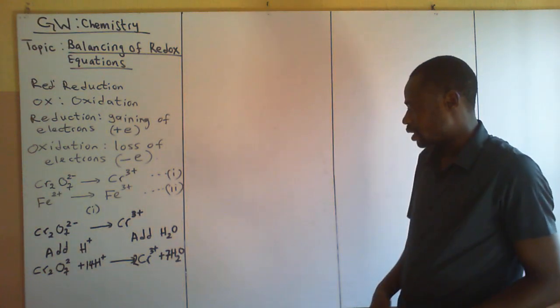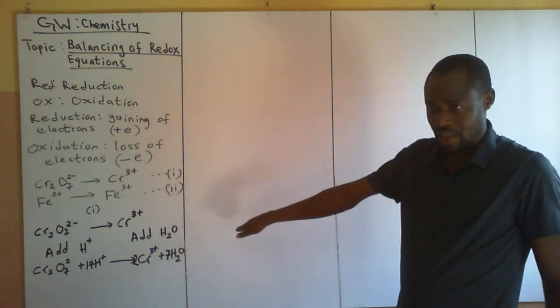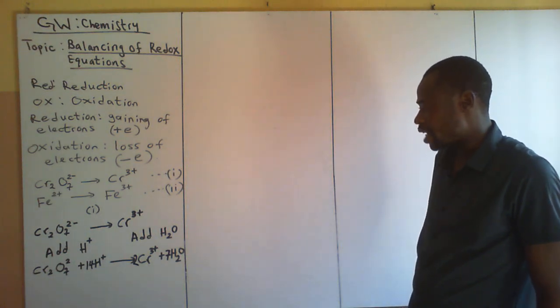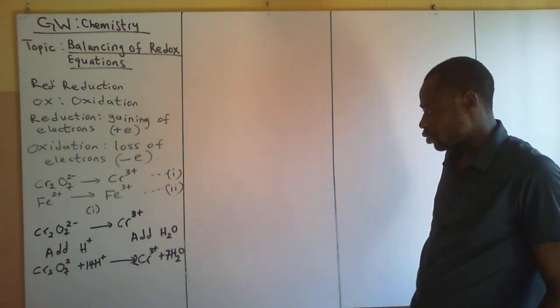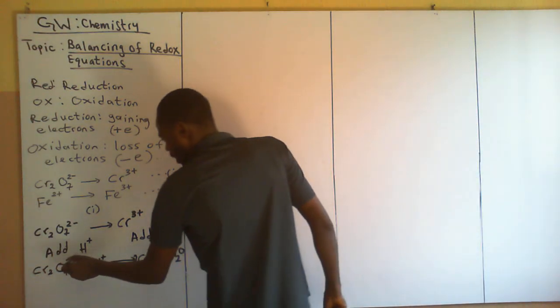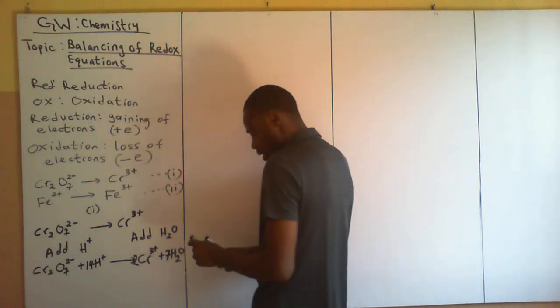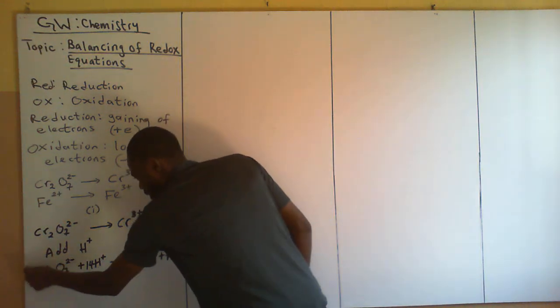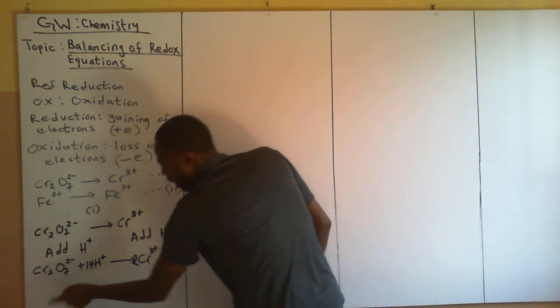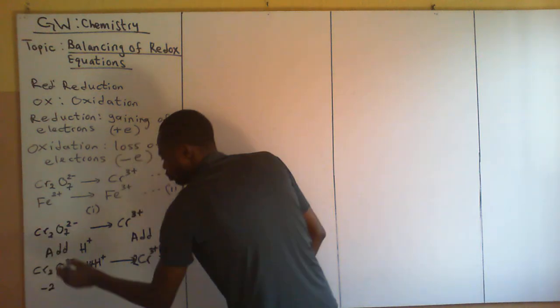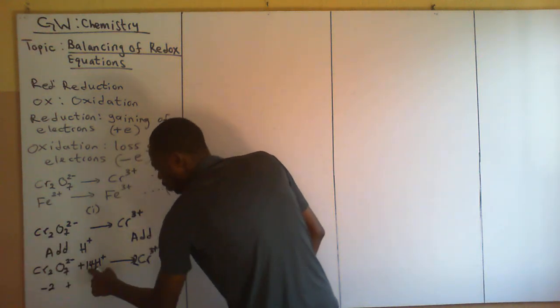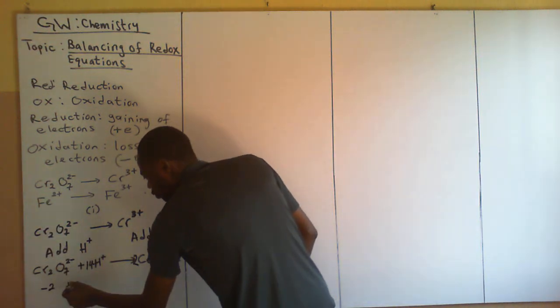When we have done this, the equation is balanced. The atoms are balanced, but the ions are not balanced. How do we balance the ion? If you look at it very well, the way we balance the ion, you see the integer here is 1. 1 times minus 2 is minus 2, plus 14 times plus 1 is 14.